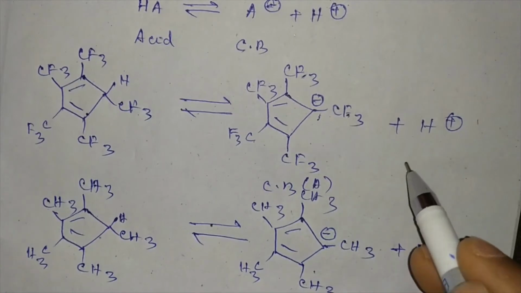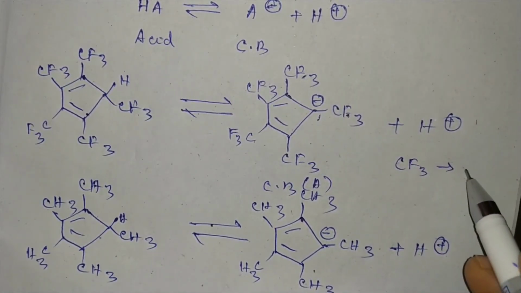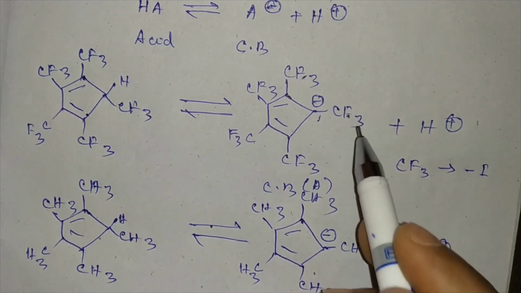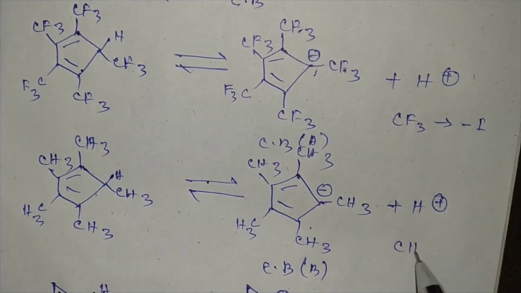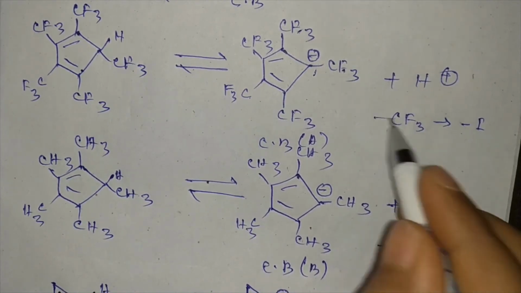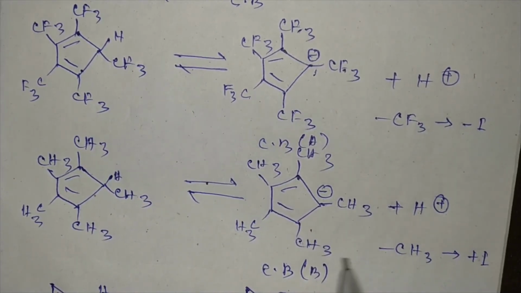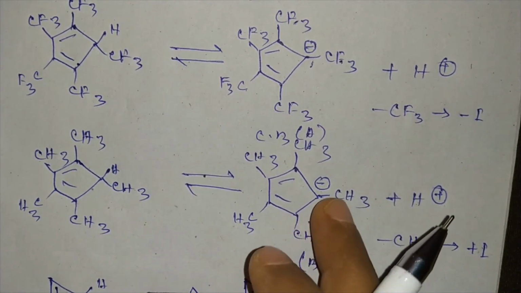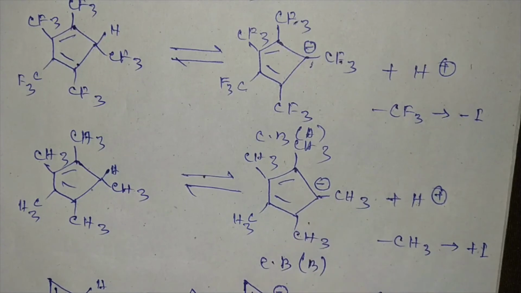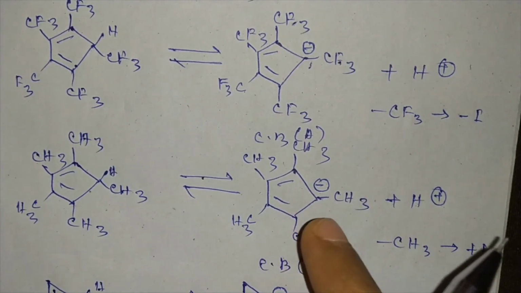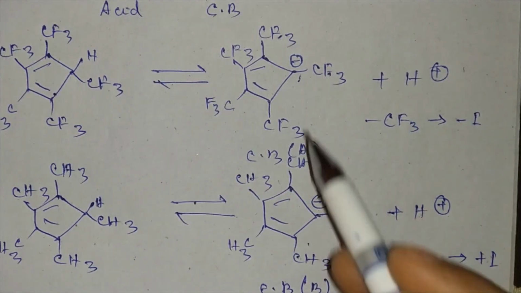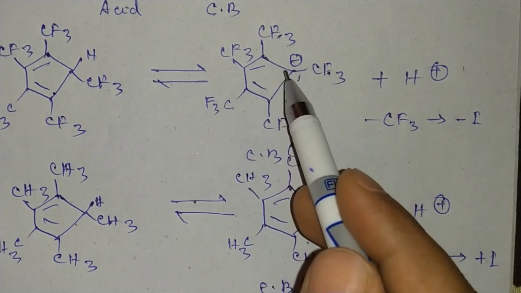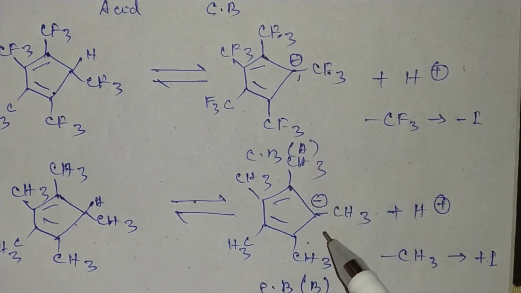Now CF3 has a strong minus I effect due to the high electronegativity of fluorine, and CH3 group has a plus I effect, that is, it will drift electrons towards the sigma bond and it will increase the negative charge actually, so it will destabilize the negative charge. So between these two anions we can say that this anion has higher stability than this.